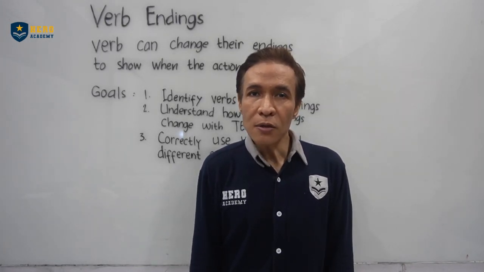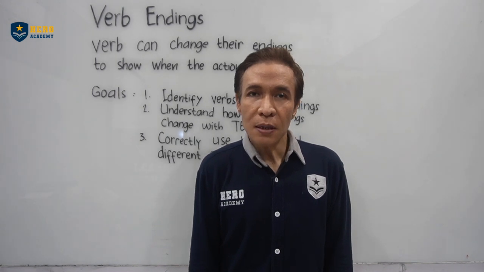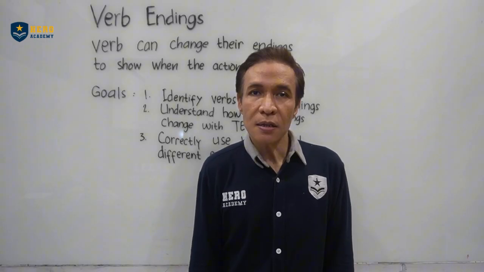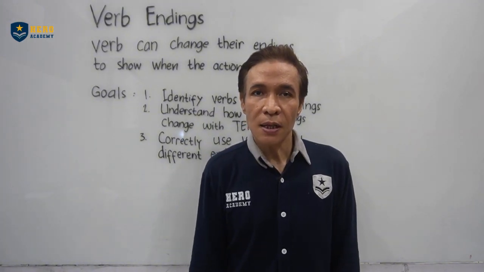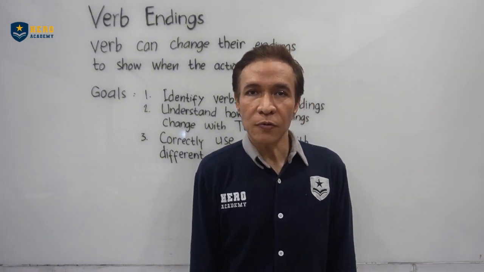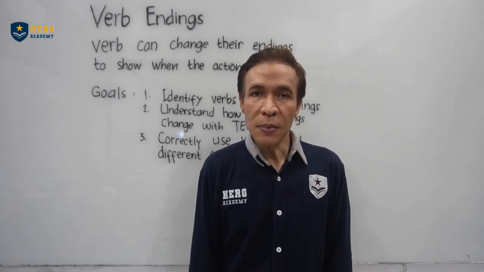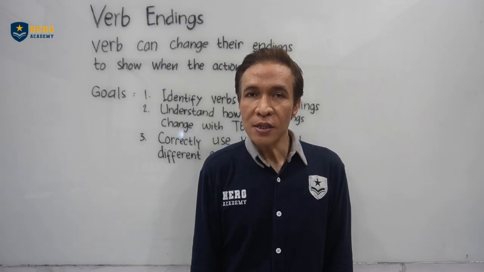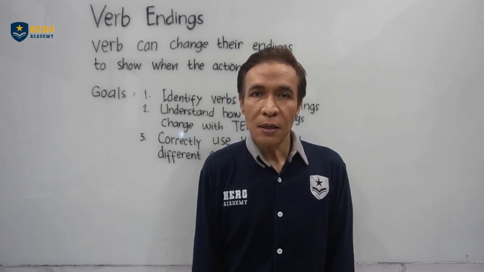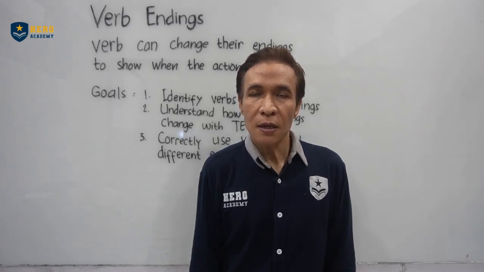Now, when we use s for the subject he, she, it, we add s when the verb tells a repeated action, like the examples I gave before. He plays football every day. She cooks fried chicken every night. It plays with the ball often.